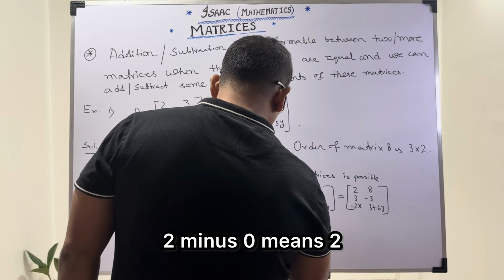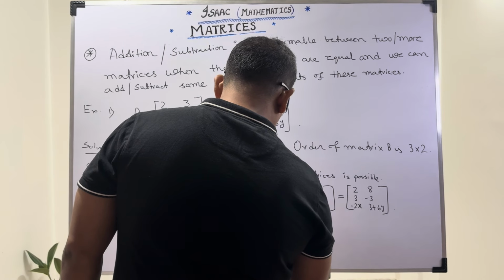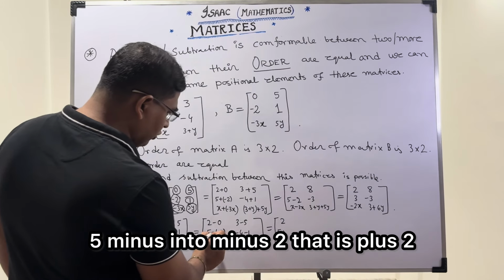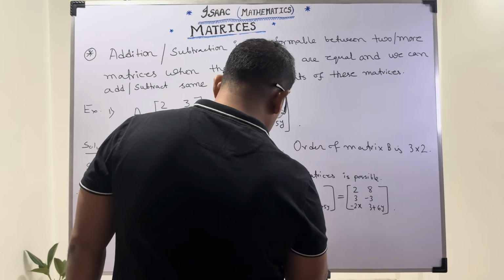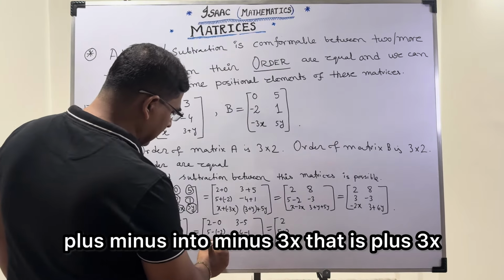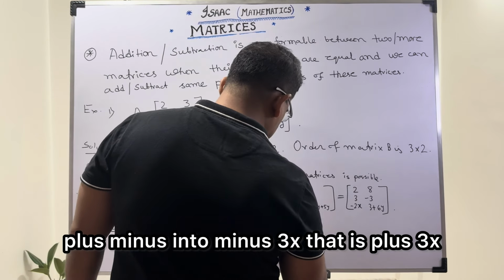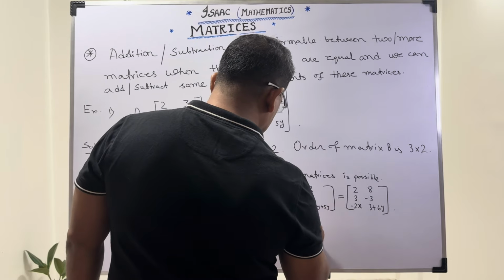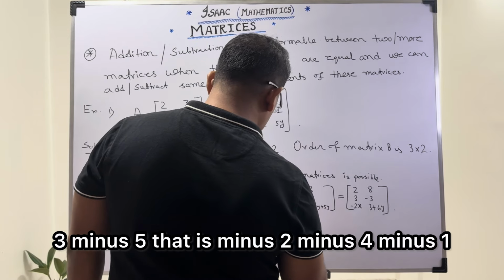2 minus 0 means 2. 5 minus minus 2, that is plus 2. x plus, minus into minus 3x, that is plus 3x. 3 minus 5, that is minus 2.